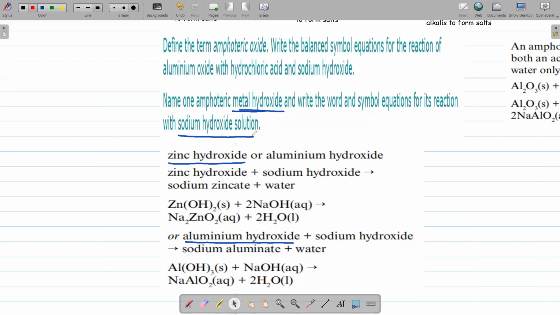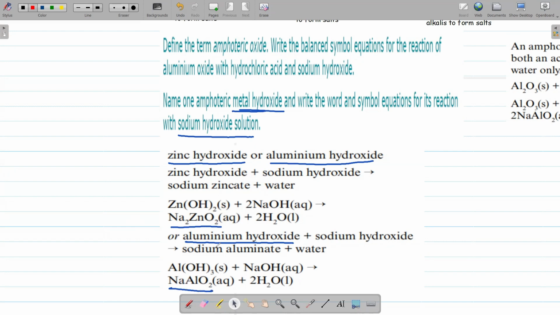So watch the information. The information given is very important. So zinc hydroxide or aluminium hydroxide can be chosen. And then when it reacts with sodium hydroxide, what does it give? It gives sodium zincate. This is called sodium zincate, and this is called sodium aluminate.